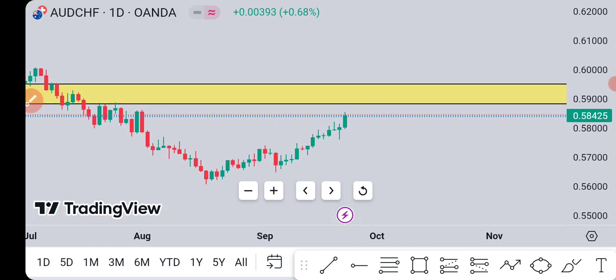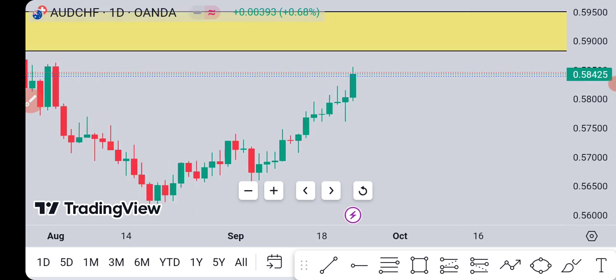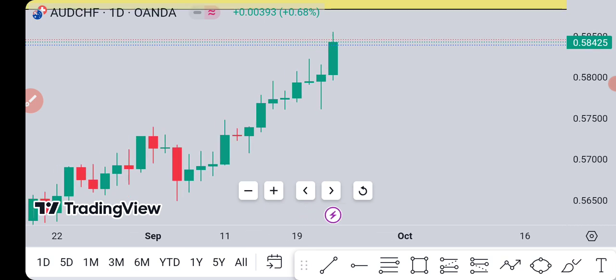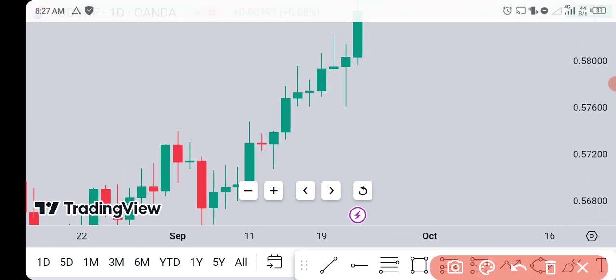Now if you watch the price action from here, you see that the bullish daily candles, the momentum is not that much. If you check this one, you have this indecision candle. If you check this daily here, this one has more distance, more body.